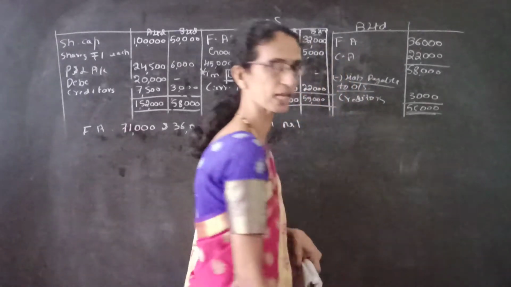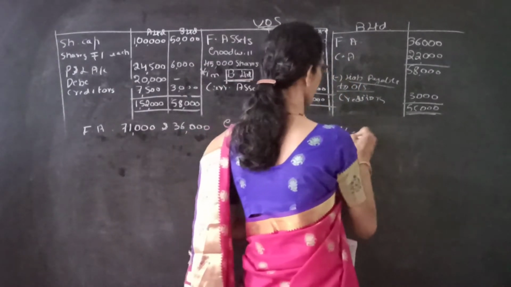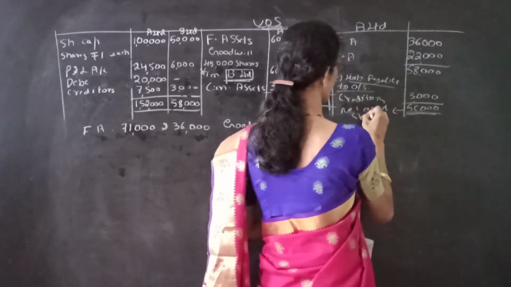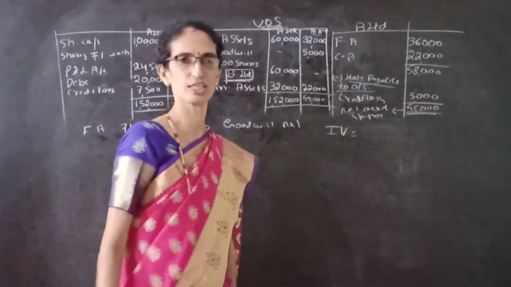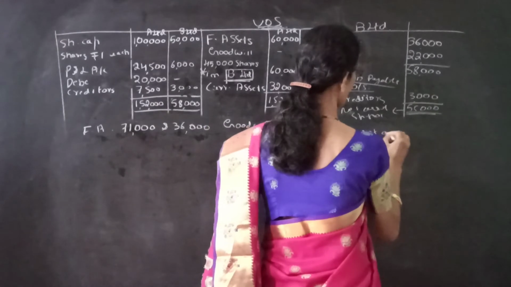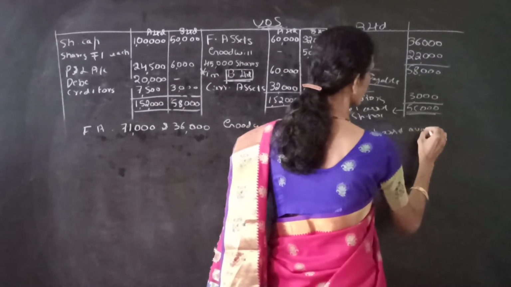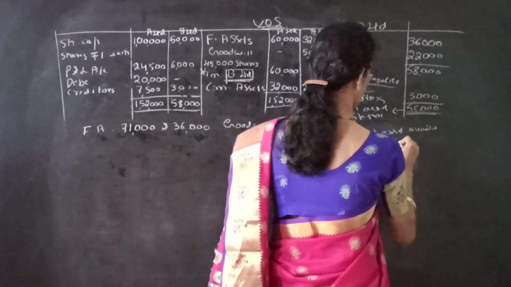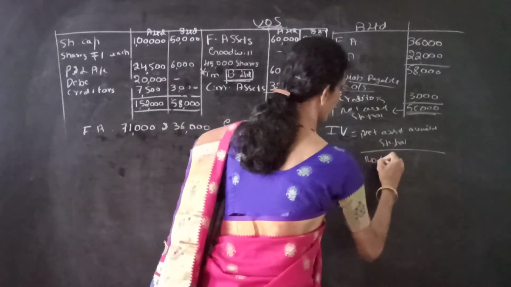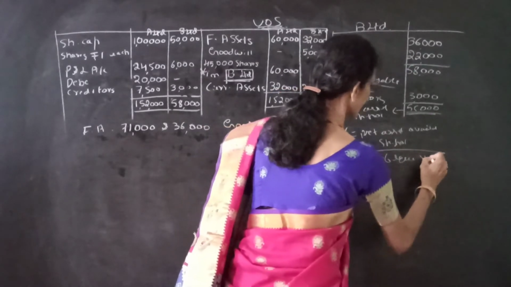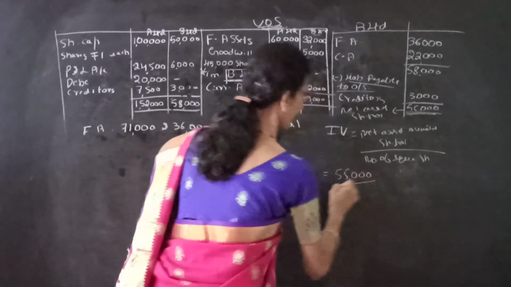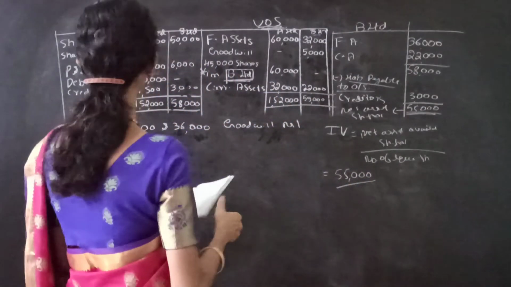The intrinsic value of B Limited is equal to the net assets available to shareholders, or profit available to shareholders, divided by the number of equity shares. Net assets available to shareholders is 55,000. Next, the number of equity shares.